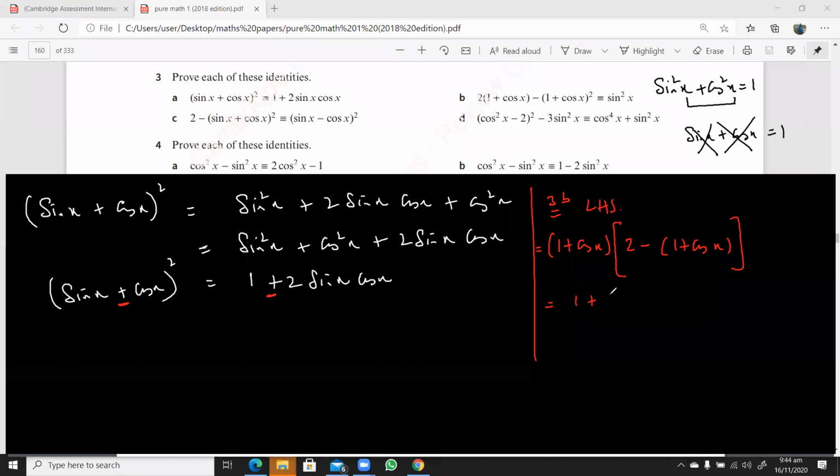So this is 1 plus cos x into this 2 minus 1 is 1 minus cos x. So you have 1 minus cos square x. Okay, a plus b into a minus b is a square minus b squared. And 1 minus cos square x is sine square x. And that is your right hand side.